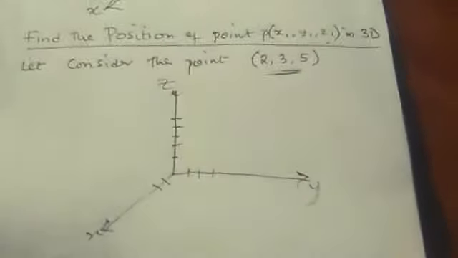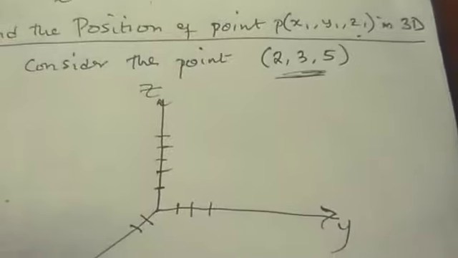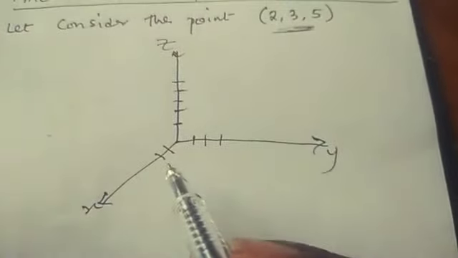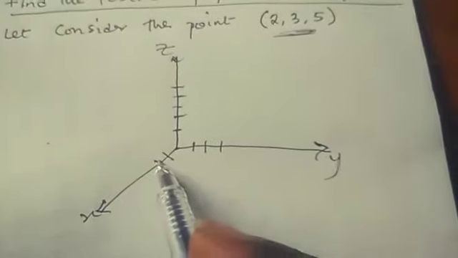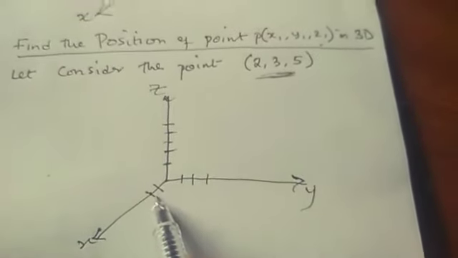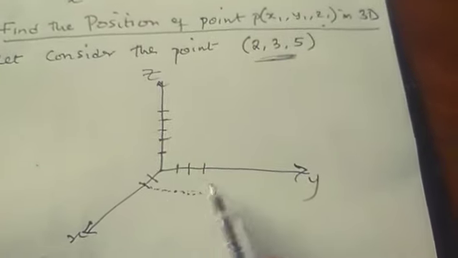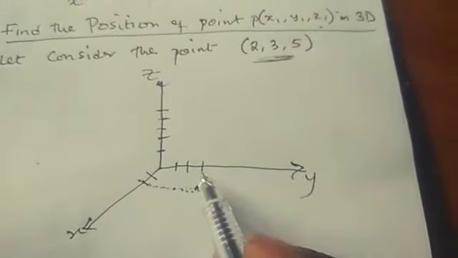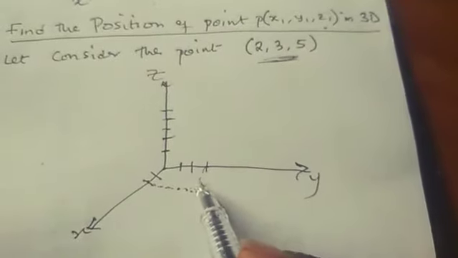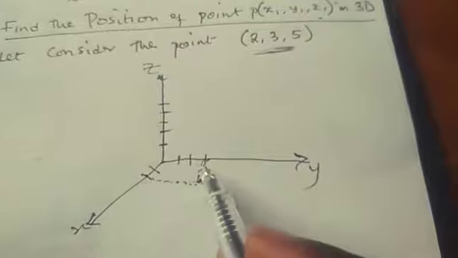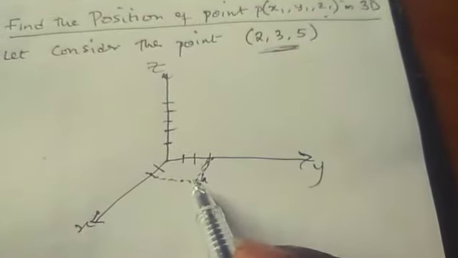Now, if you want to locate the point, the first thing is you need to locate the first 2 points, which is these 2 and 3. So that is where they meet. So this is where x is 2. You draw it so that it will be parallel to this y-axis, and you draw this y-axis too, so that it will be parallel to the x-axis. They will meet in this place.